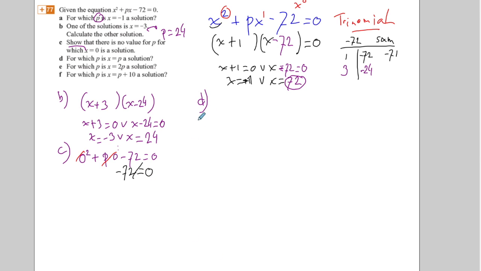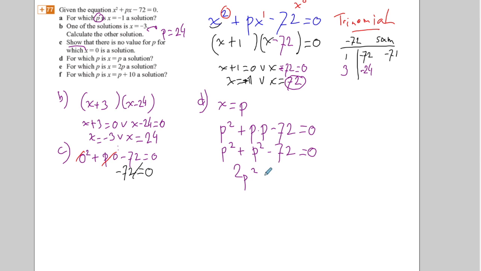Then we go to D, for which p is x equals p a solution. So the only thing you have to do, they say x equals p. So then we just fill in a p for x. So it's p squared plus p times p minus 72 equals 0. This means p squared plus p squared minus 72 equals 0. 2p squared minus 72 equals 0.